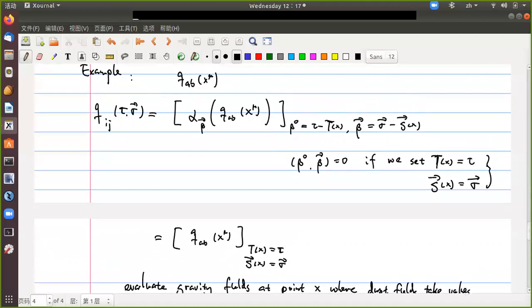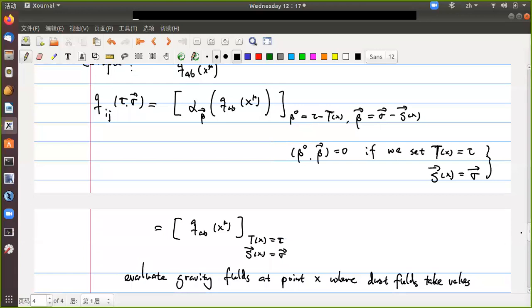You can view this like a coordinate transformation, so that you transform an arbitrary coordinate, which we call x, to a fixed coordinate, which is tau and sigma. And this fixed coordinate is defined by using a physical dust field.